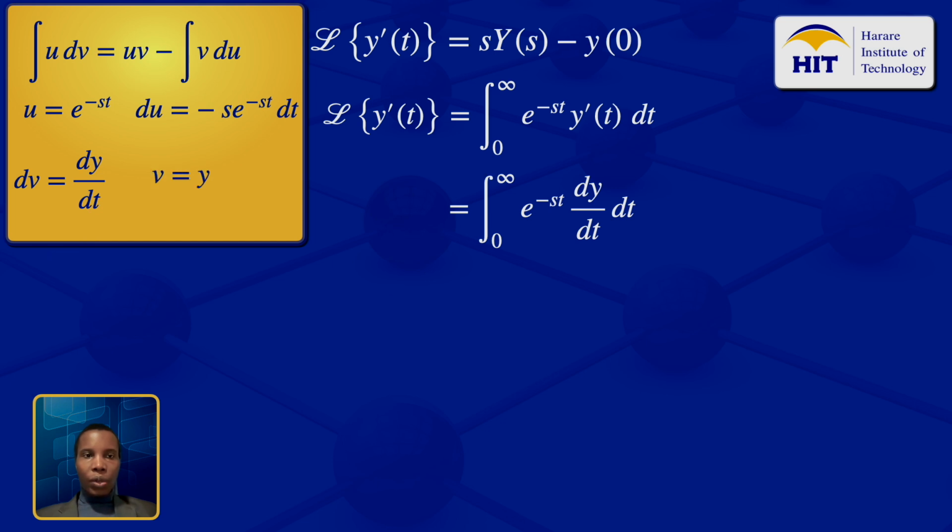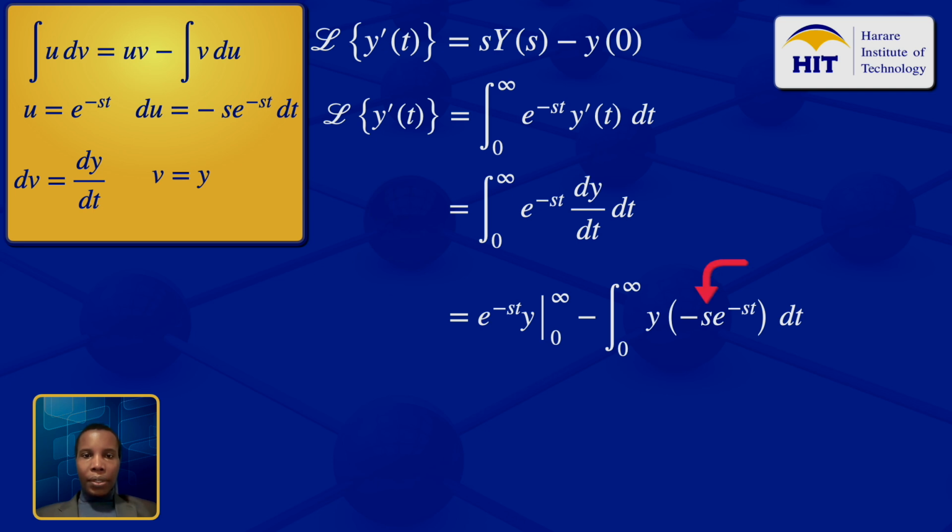We then substitute into our formula for integration by parts, so that our expression becomes e to the minus st times y, with limits 0 to infinity, minus the integral from 0 to infinity of y multiplied by minus s multiplied by e to the minus st with respect to t.